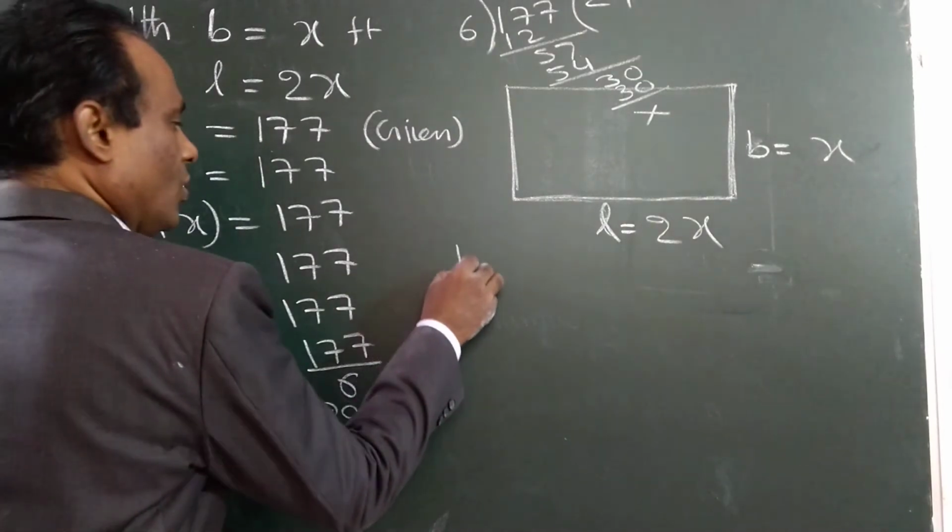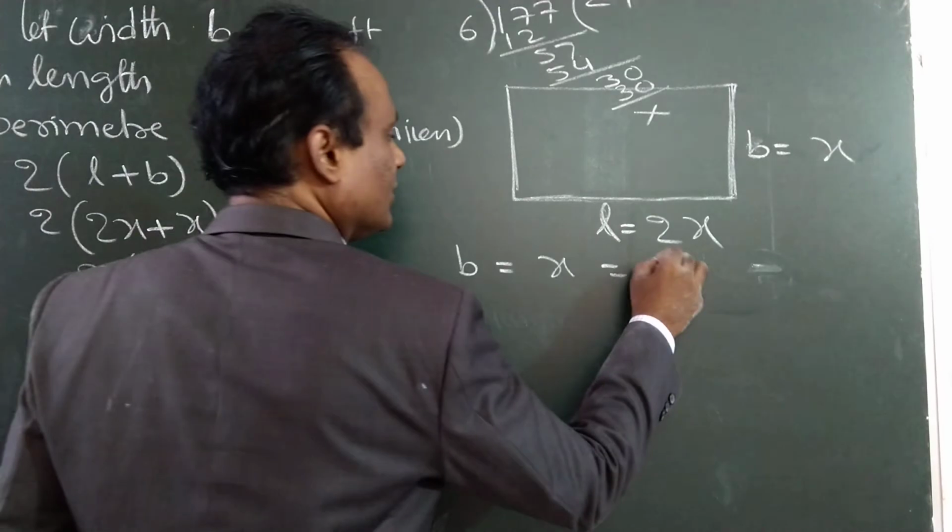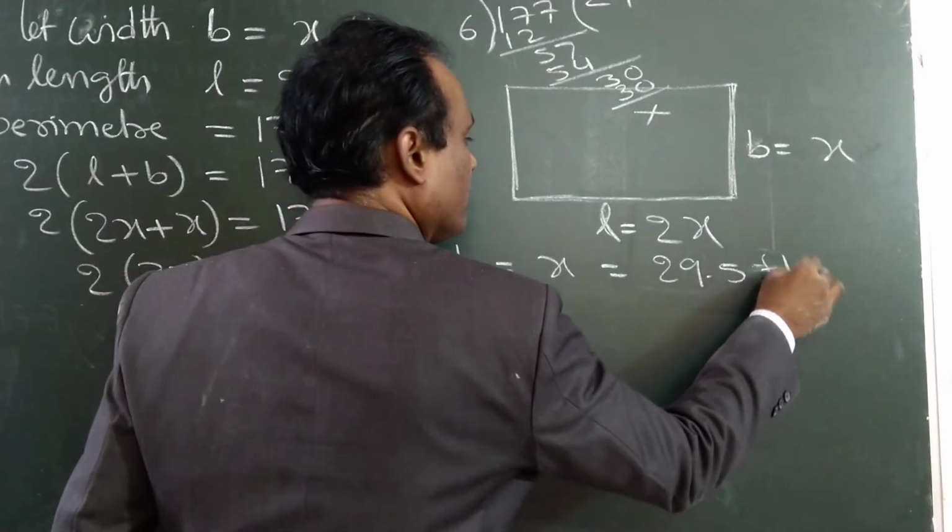See here. What is the breadth? x. x is how much? 29.5 feet.